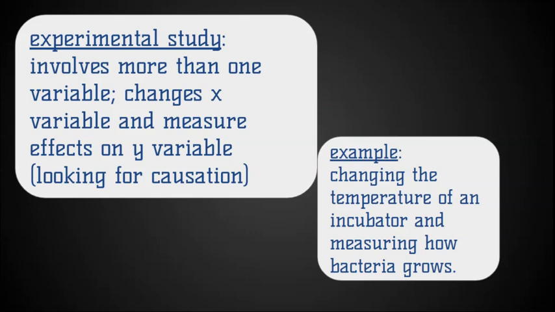As soon as you use the word effect, or if you think about the effects on something, then you're looking for causation. Okay, so that's a key word. Example, changing the temperature of an incubator and measuring how bacteria grows. That's classic science experiment. That is where you are manipulating one variable. You are keeping some variables the same, and then you perform your experiment.